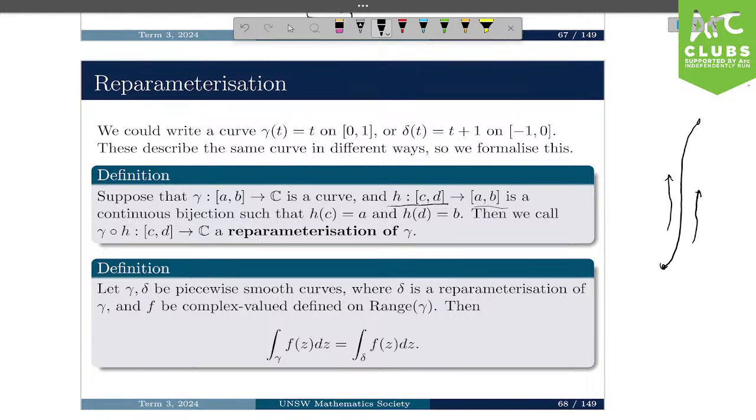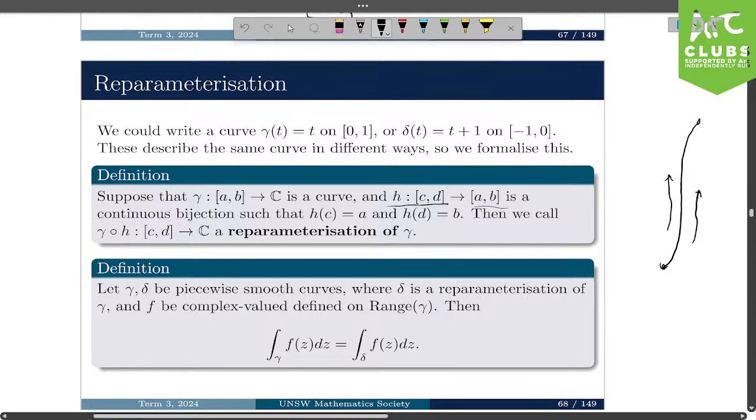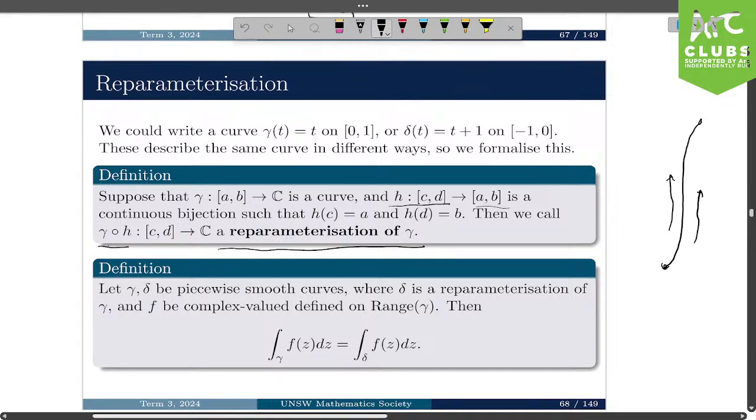Here h is a bijection from the interval c to d onto a to b, and we define h of c equaling a and h of d equaling b, and we call the composition of those two functions, the bijection and our curve, a reparameterization of gamma. The important fact is that using a reparameterization of gamma to integrate something will actually yield the same result as integrating just along gamma.